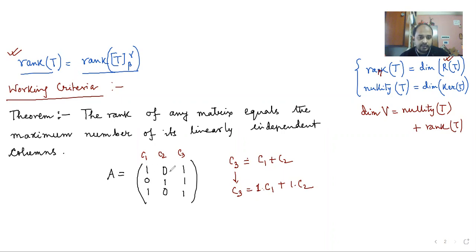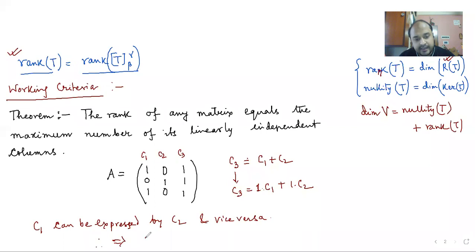Now what does this mean? It means that C3 is dependent upon C1 and C2, but no way can you generate C1 from C2. C1 cannot be expressed by C2 and vice versa. So what does it mean?